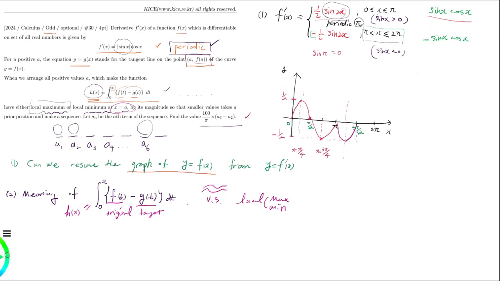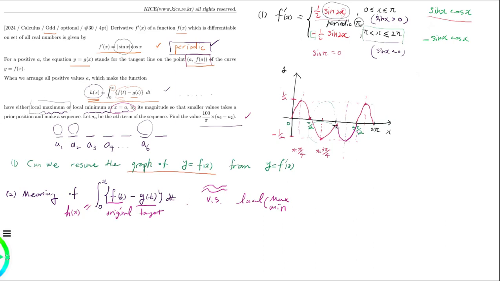And then this part from 3 pi over 2 to 2 pi will look like this one, because here from pi over 2 to pi, its opposite sign looks like this one. It corresponds to this one.